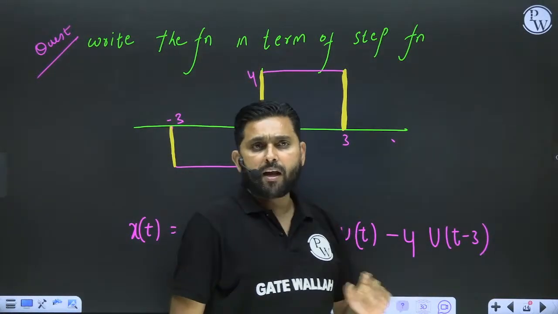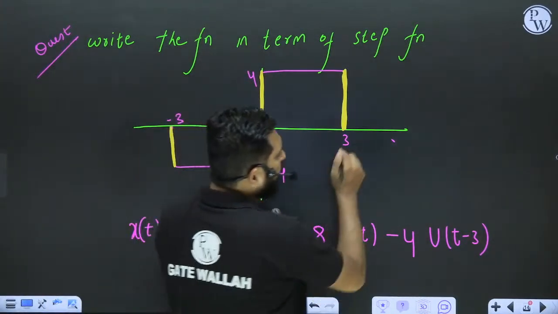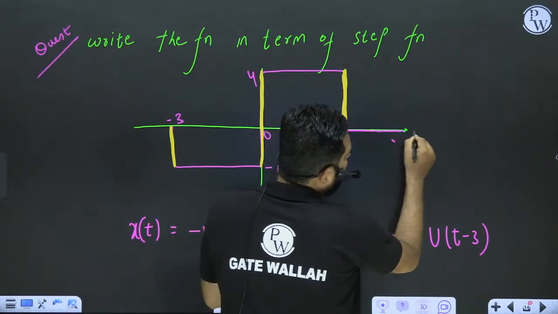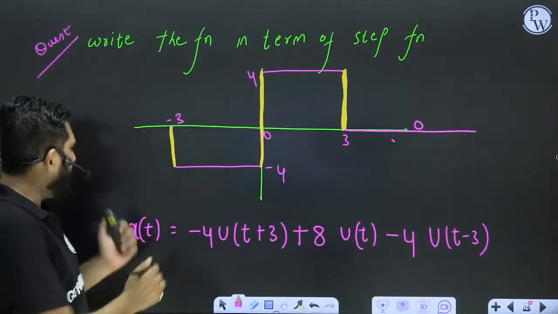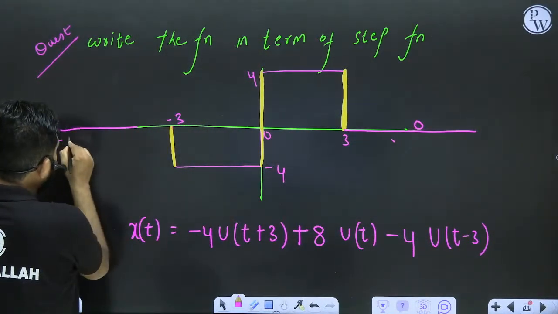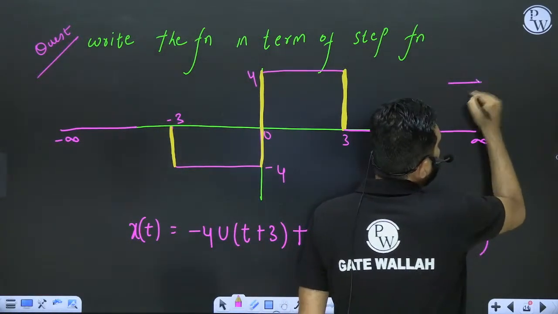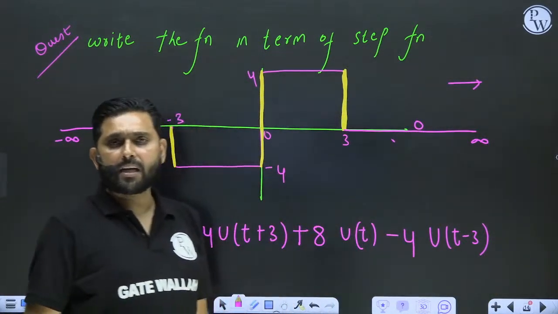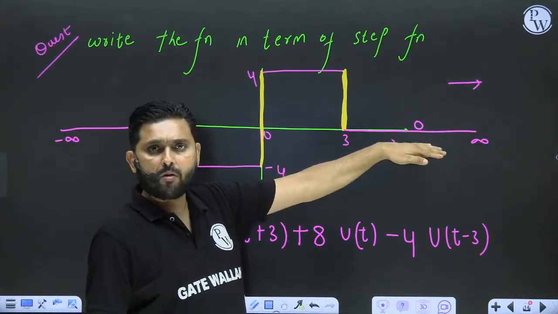Is it clear? Now how will you check whether my answer is correct or not? Look at this: what is the final value, meaning after 3, what is the value of this function? It is 0. The function starts from minus infinity and goes up to plus infinity, so going in this direction, the final value attained by this function is 0.